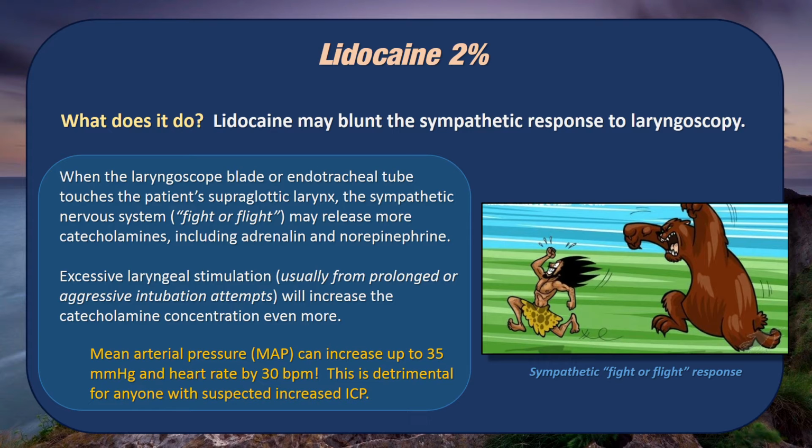And so we want to make sure that we're blunting that process, especially if we have a concern of a head injury, because this can increase your MAP up to 35 millimeters of mercury, and the heart rate can increase sometimes by as much as 30. So we're definitely going to stress that ICP out, increase that ICP even more, which could increase the bleed or increase the pressure on the brain, which is not going to benefit that patient.